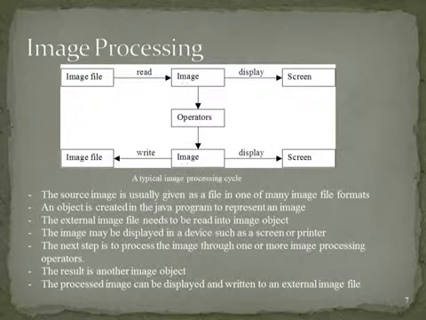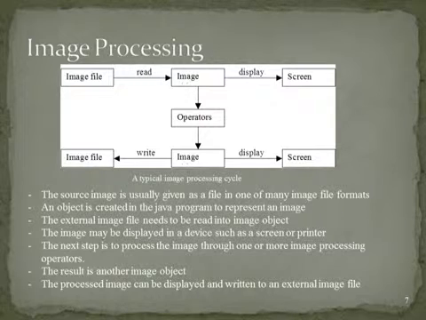Here is a typical image processing cycle. The source image is usually given as a file in one of many image file formats. An image object is created in Java to represent the image, and the external image file is read into the image object.